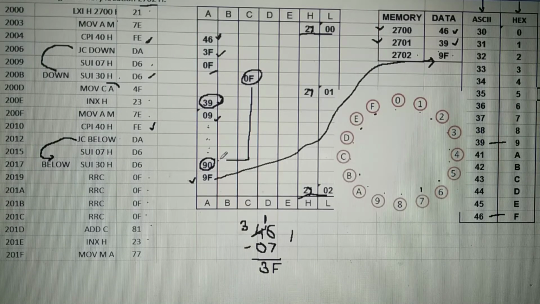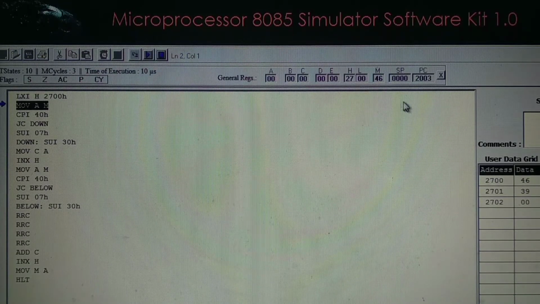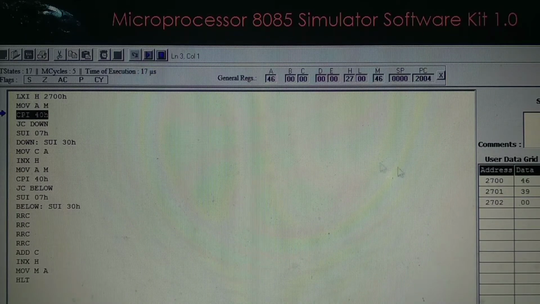Now we have to execute the program. Here is the program to convert ASCII to hex. I am going to execute this program stepwise. First step, LXI H 2700. Bring the number from memory to the accumulator. 46 is brought.